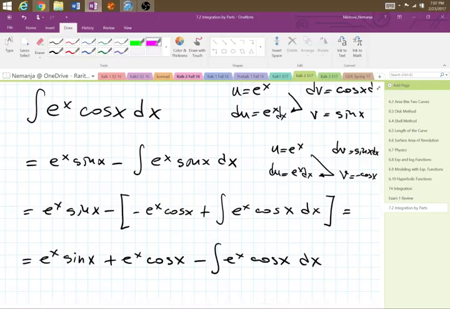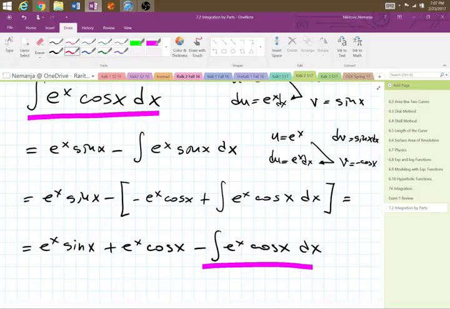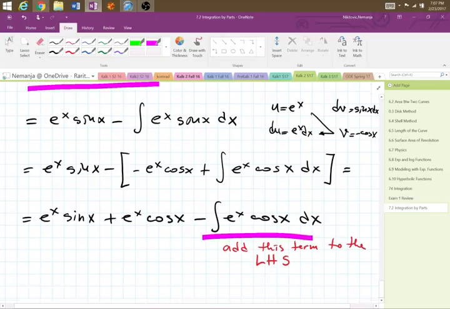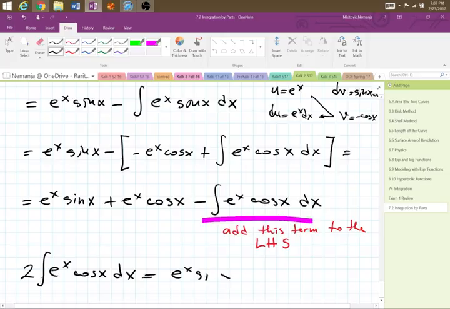And this is when we realize that the problem and this part are the same. So you take this and add to the other side. Add this term to the left-hand side. Once you do that, you will have 2 integral of e to the x cosine x dx equal e to the x sine x plus e to the x cosine x.